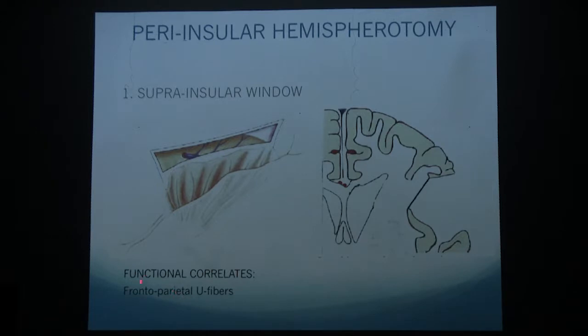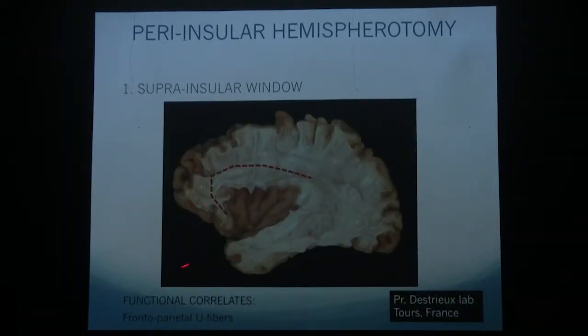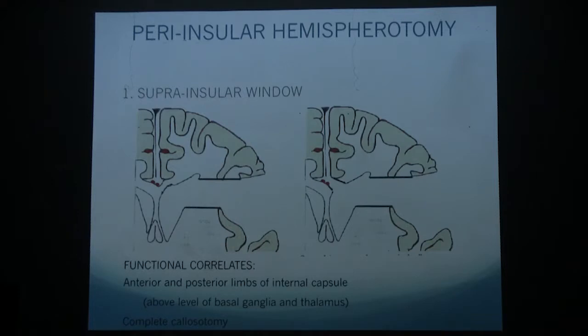So you have to interrupt the frontoparietal U fibers as you go in, and then you come to the deeper white matter structures. Some of these slides are borrowed from Christophe Destrieux's lab, and eventually you will see the anterior and posterior limbs of the internal capsule, which are disconnected here to reach the ventricle.